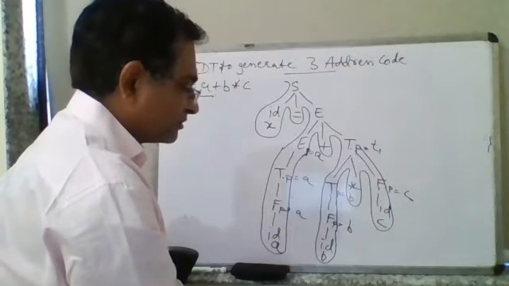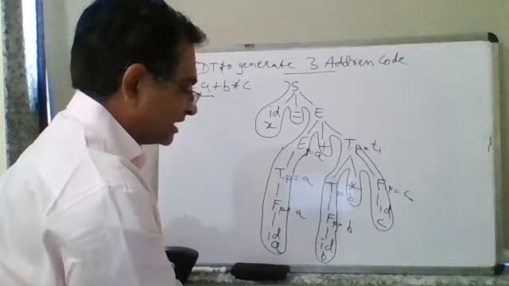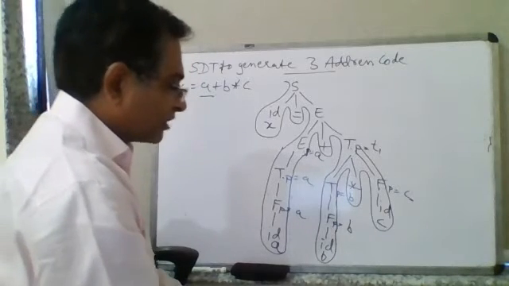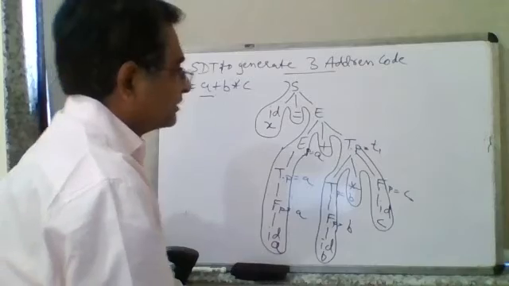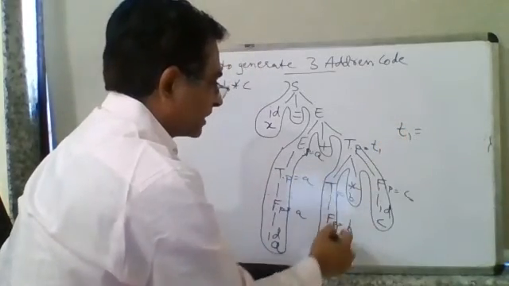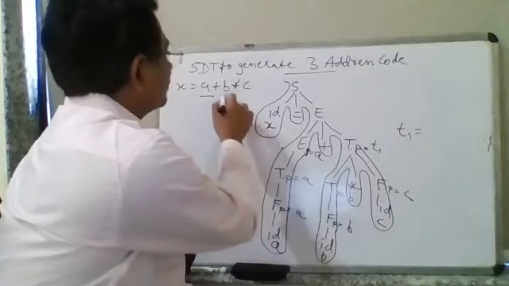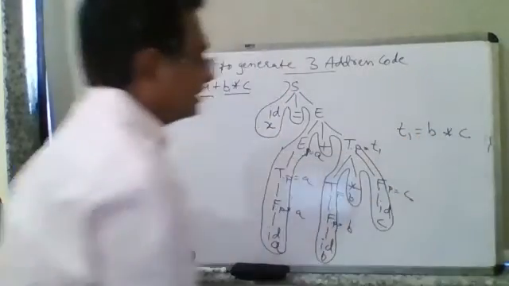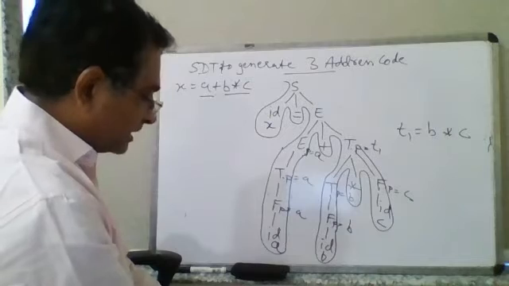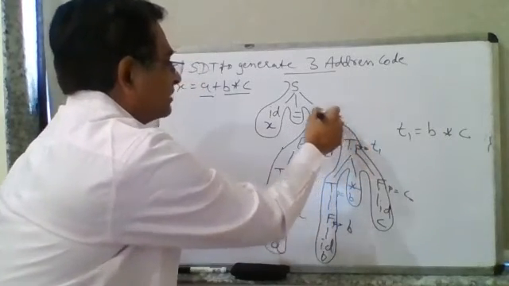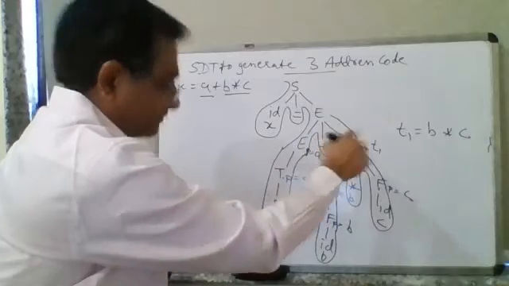T dot place equal to T1 dot place into F dot place, so T1 is equal to B star C. So this operation is done first. Then it will continue, and this T1 is now available. So at this place, what will happen is A plus T1.